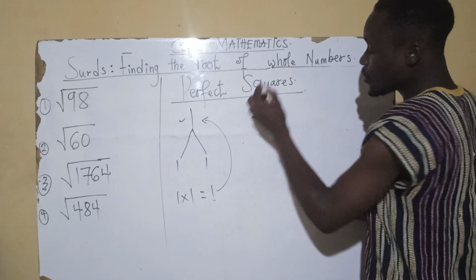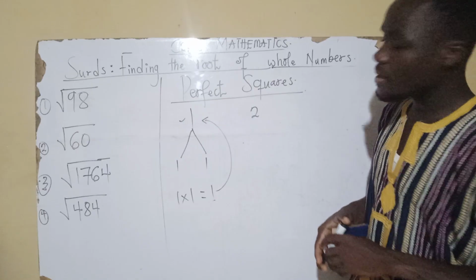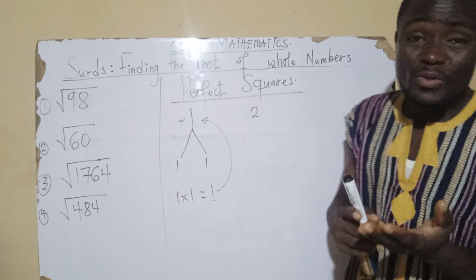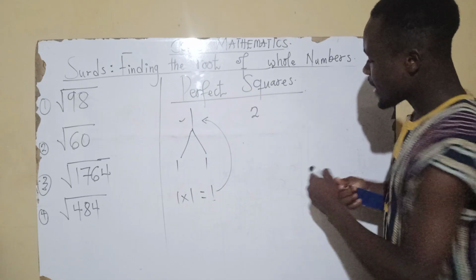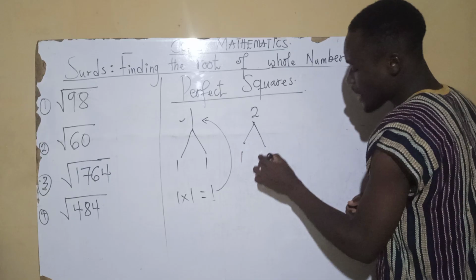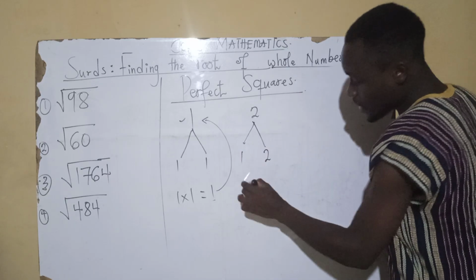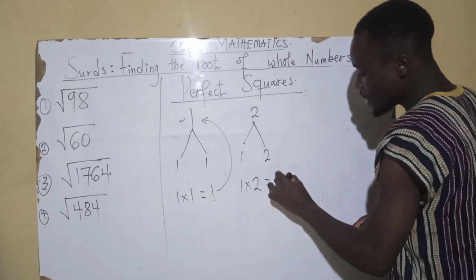Now let's go to the number 2 and see whether it is a perfect square. Do we have any two numbers that when we multiply we get 2? Yes, we can get 1 and then what? 2. When we multiply 1 times 2, we are going to get what? 2.